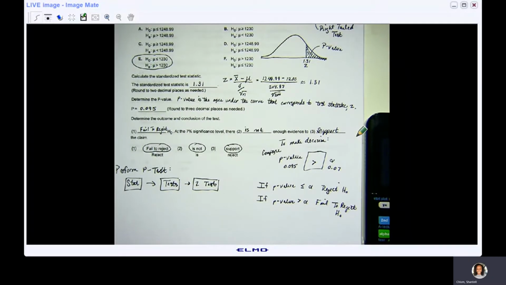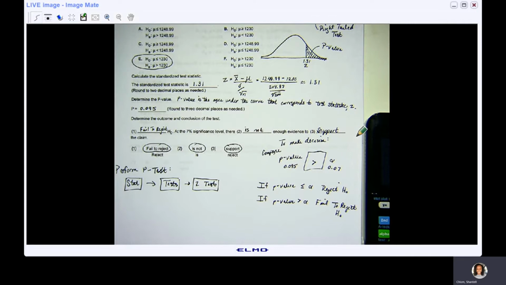This is one of the harder ones to translate, only because you've got to really understand that while the claim is HA, your decision is based on H0, okay? So we failed to reject H0. The claim was HA. So if we failed to reject H0, that means we still have H0 and we also still have HA, and we don't know which one is correct, when you still have both.